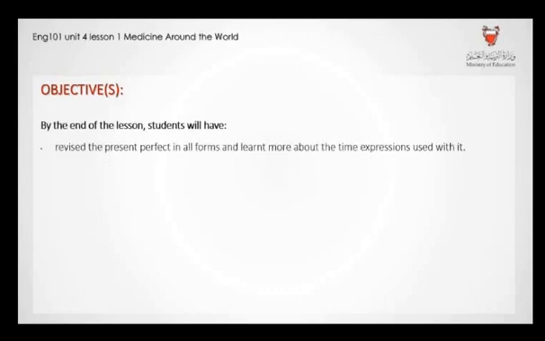By the end of the lesson, students will have revised the present perfect in all forms and learnt more about the time expressions used with it.